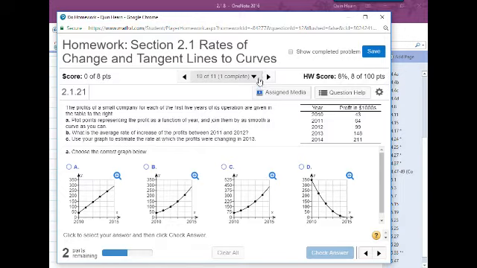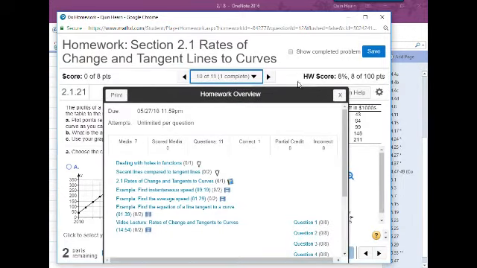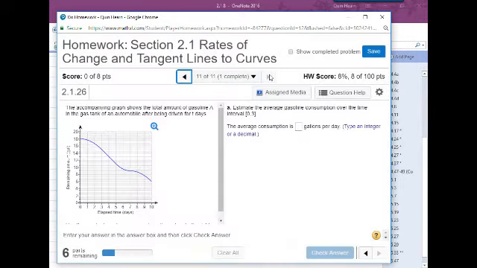Oh, my mistake. You're right. That's number 10. Let me go to one more. Okay, here we go. Number 11.